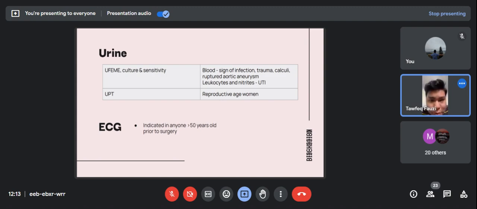Also, a pregnancy test should be done in any reproductive age, sexually active woman who presents with acute abdominal pain.